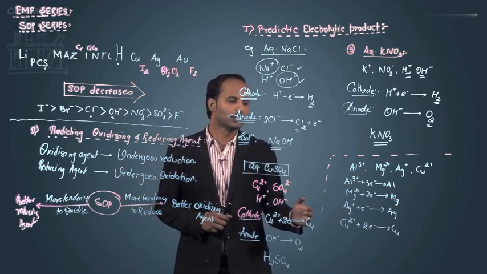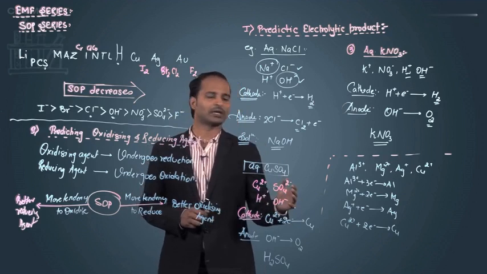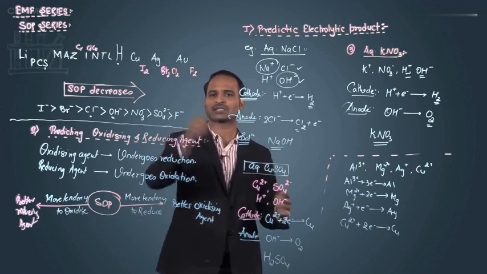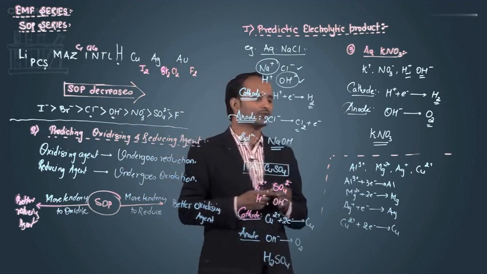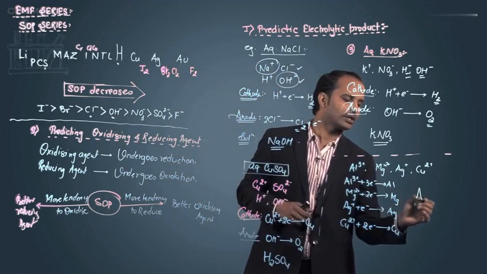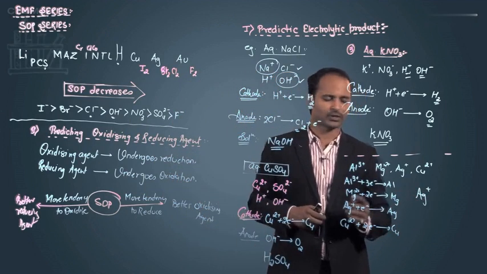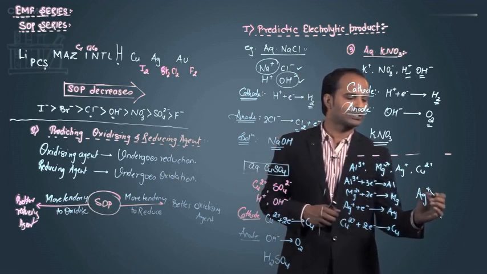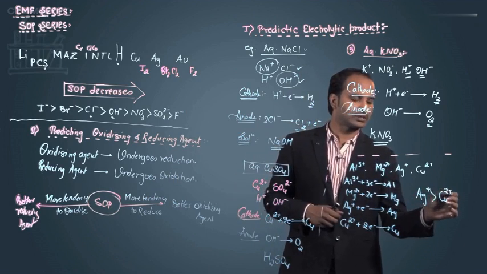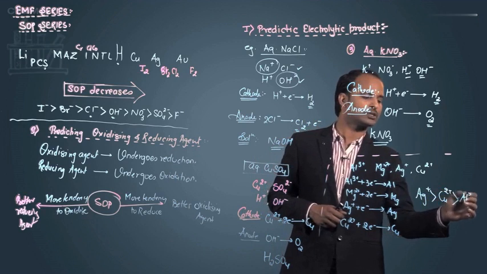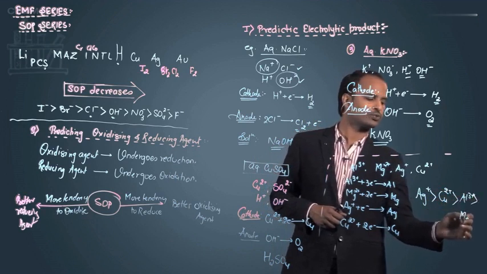From all four, silver will have the highest tendency to reduce, that is, SRP will be high. So silver will act as the strongest oxidizing agent. After silver, it will be copper 2 plus, then aluminium 3 plus, and then magnesium 2 plus.